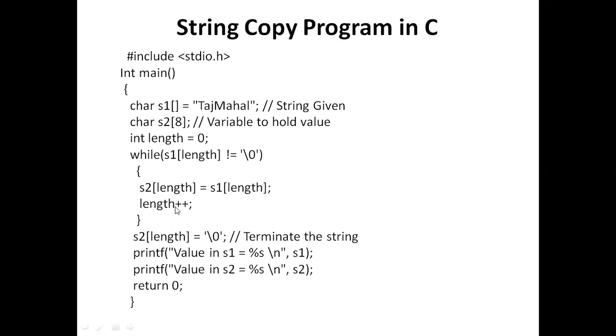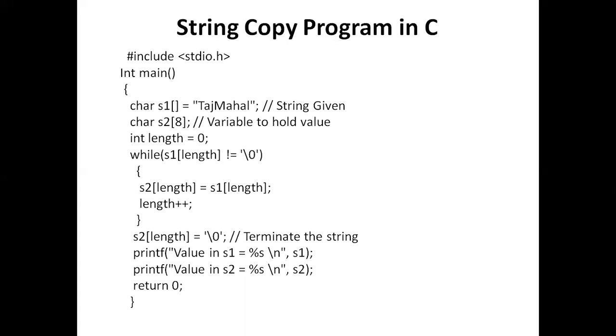After copying, I have to increment the length, because in the array I copy character by character, and I should increment the index of the array. Length is the index here, so I will be incrementing that length one by one.